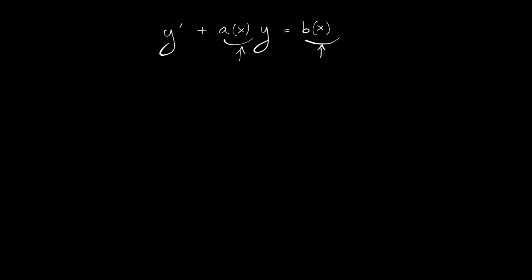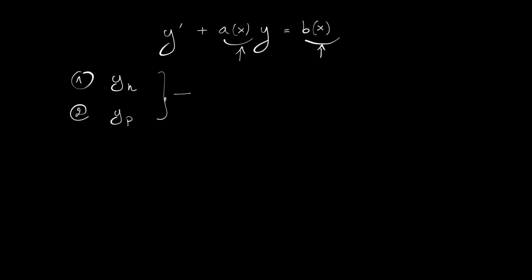So to solve this equation, we follow a two-step process. First, we find the solution to the associated homogeneous equation, which is denoted YH. And in step number 2, we find a particular solution denoted YP.